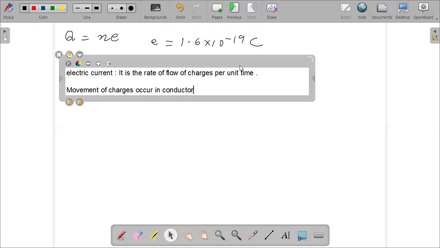Why does the movement of charges occur in conductors only? Why not in insulators?